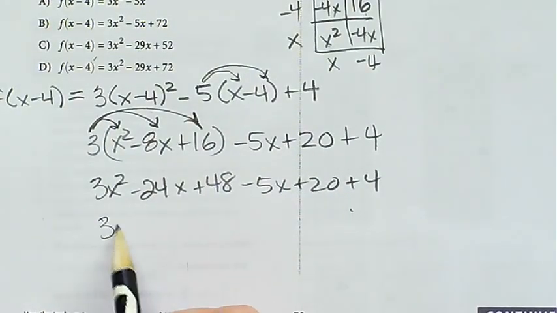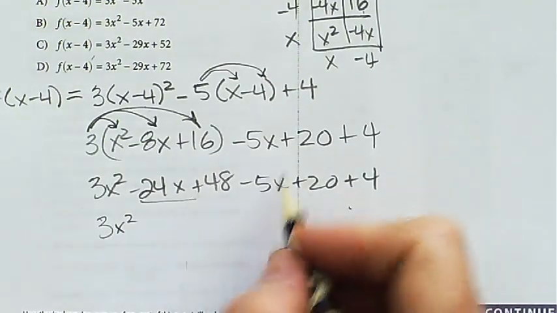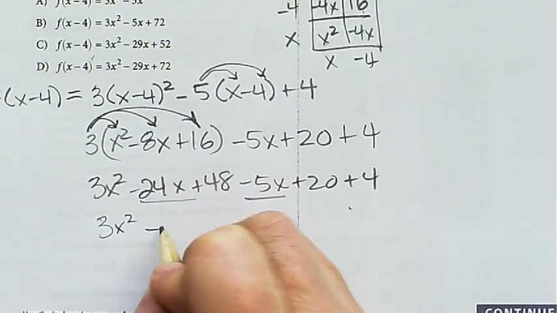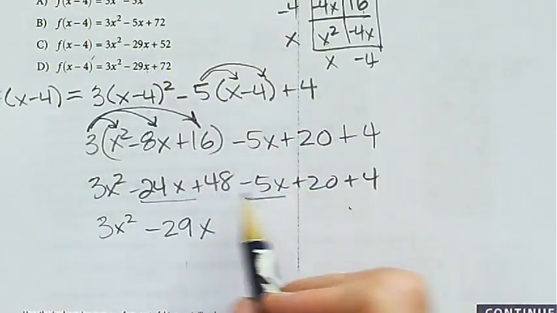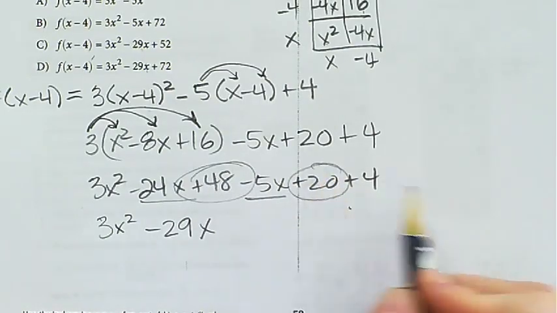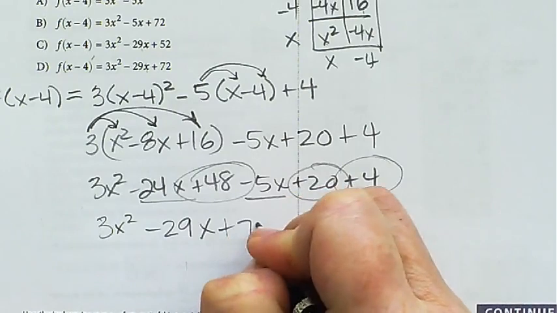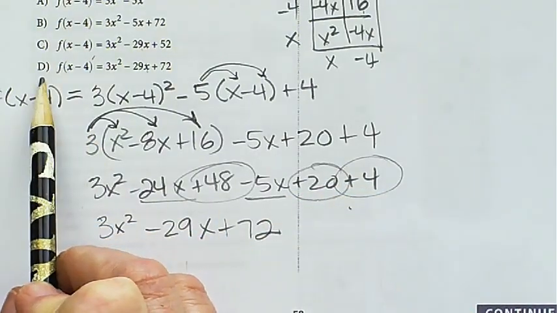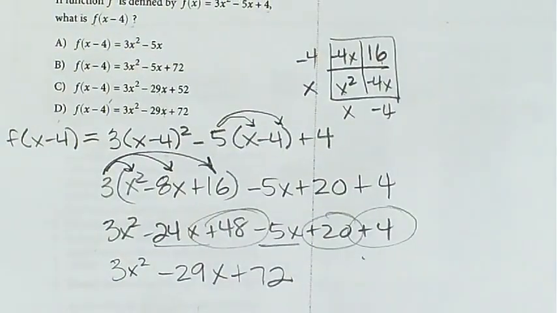So 3x squared, can't combine that with anything. I have negative 24x, negative 5x, that's going to be negative 29x. So you know it's going to be one of these. Positive 48, positive 20, that's positive 68, plus 4 would be plus 72. So that would be D. So write all this out when you turn in your work.